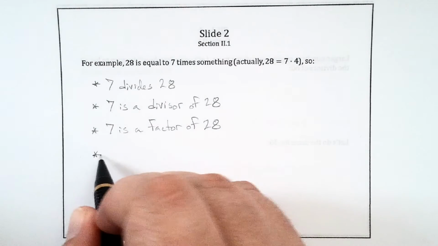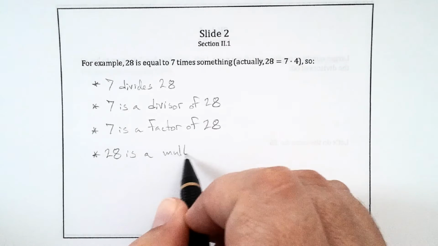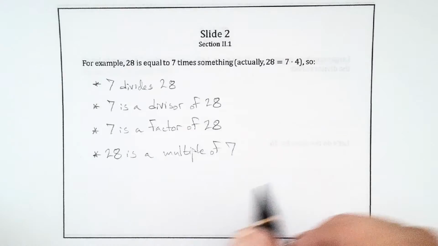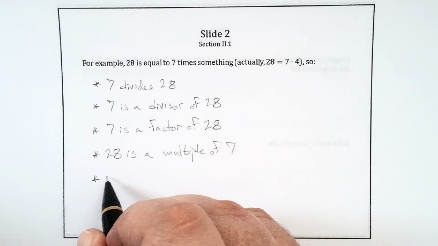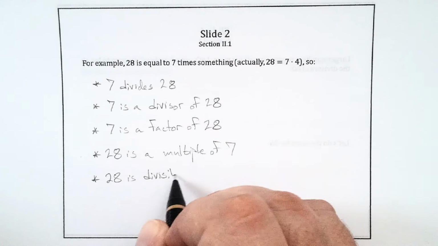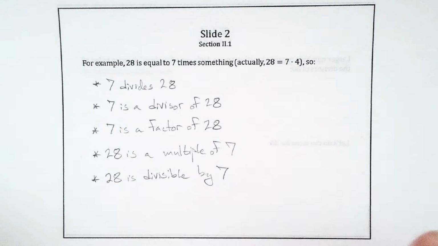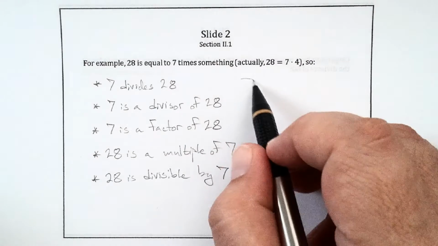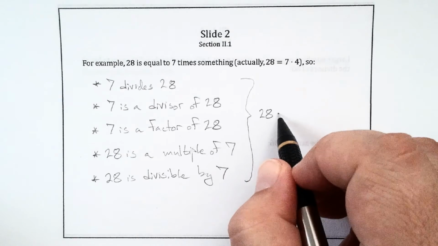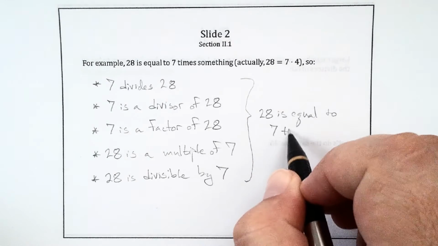We could say that 28 is a multiple of 7. And finally, we could say that 28 is divisible by 7. Okay, these all mean the same thing. They all mean that 28 is equal to 7 times something.